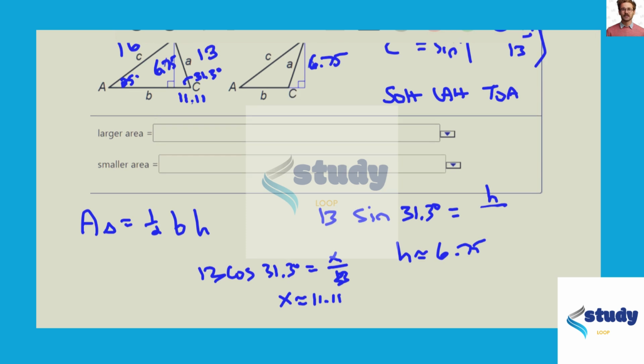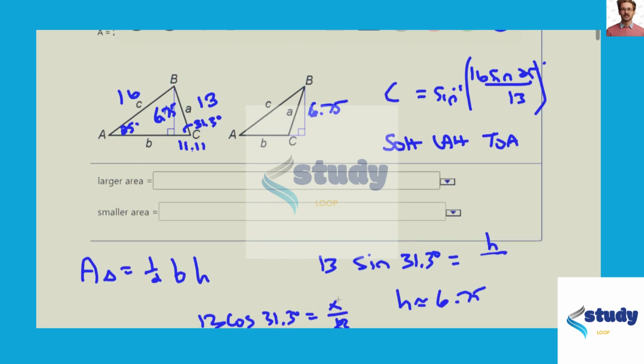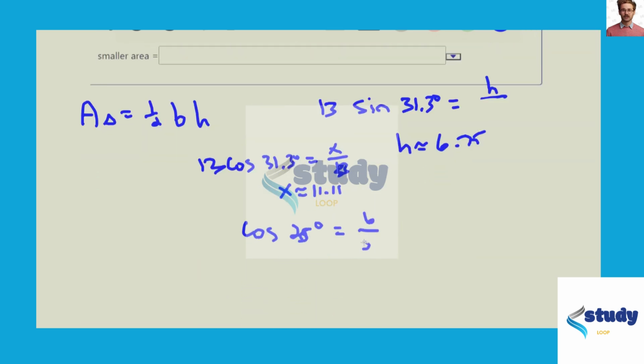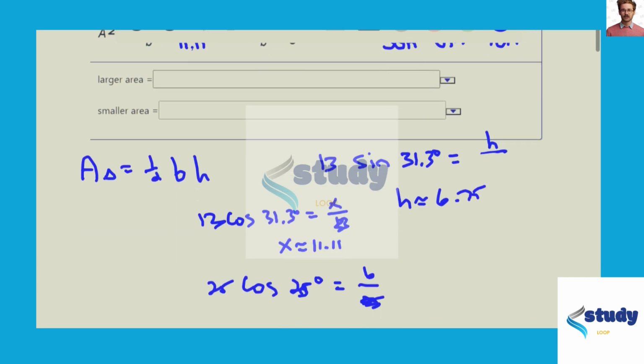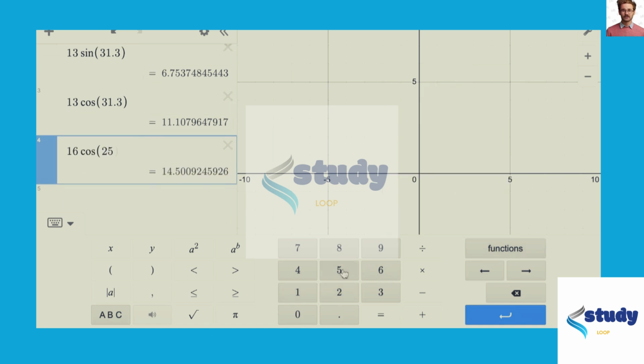So cosine again, this time it would be cosine of 25 degrees equals B over 16. So it'd be 16 cosine 25 degrees, which is 14.5.